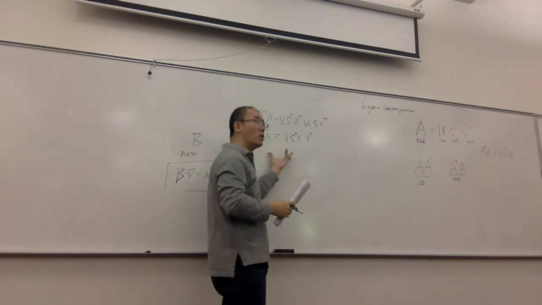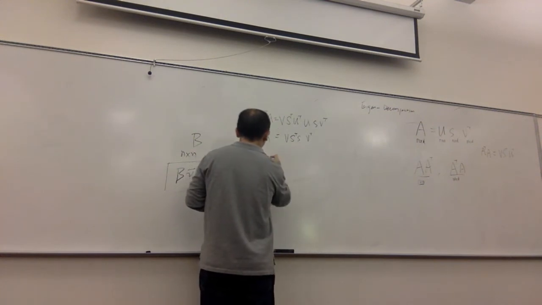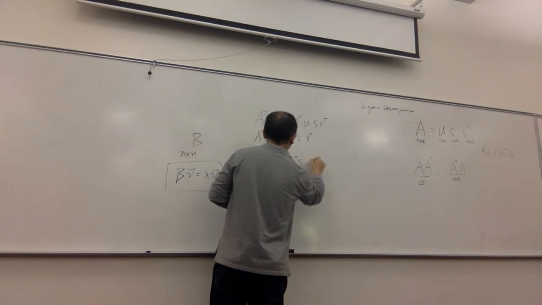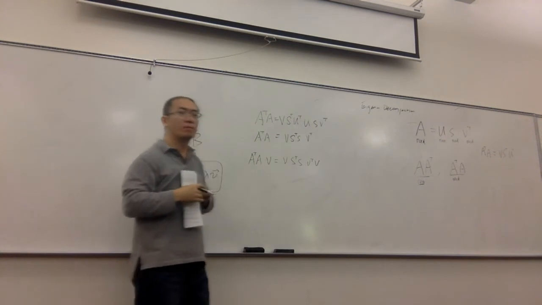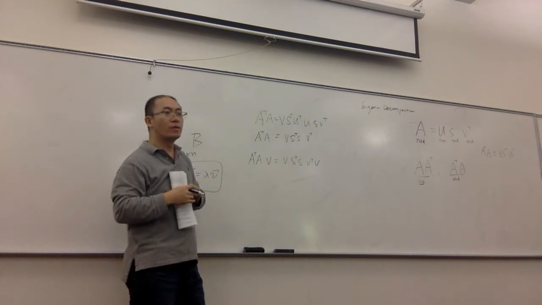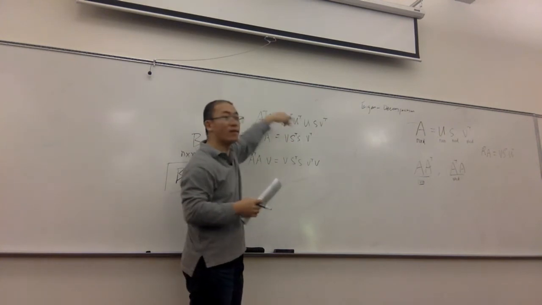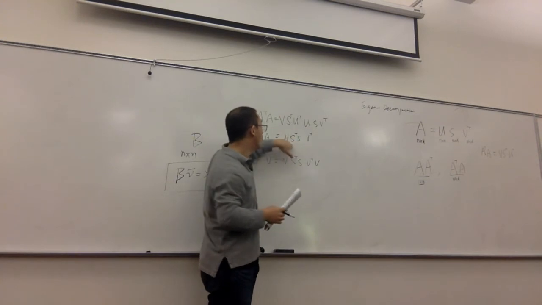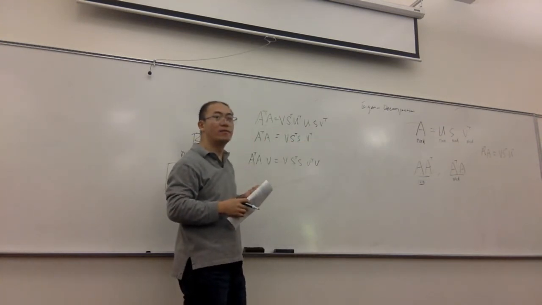Now, if we multiply both sides by V on the right-hand side, what can we get? On the left, A transpose A times V, and on the right, this part multiplied with V. What can we get?